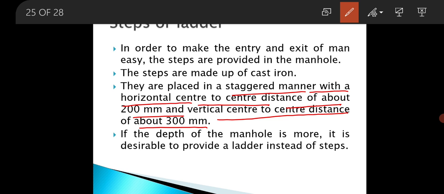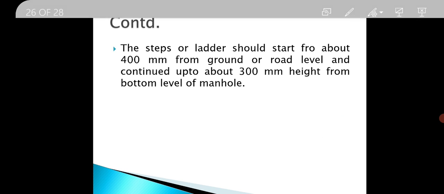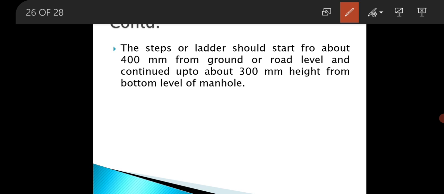The steps start from about 400 mm from the ground level or the road level, and should be continued up to about 300 mm height from the bottom level of the manhole.